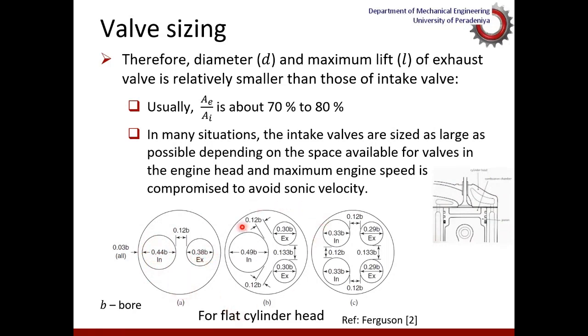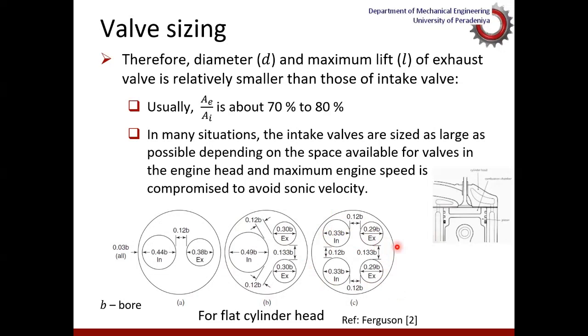Sometimes you can have one large intake valve and two exhaust valves like this to utilize the available area to the maximum, or sometimes you can use two inlet valves and two exhaust valves. If you use one valve for inlet and one for exhaust, there's a lot of unused area as far as the placement of valves is concerned, but this one is quite filled, and this area is also filled by the valves.